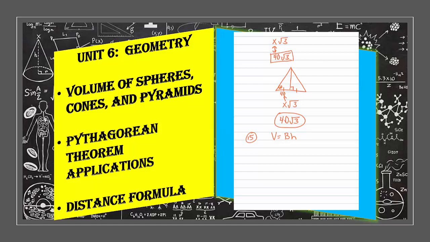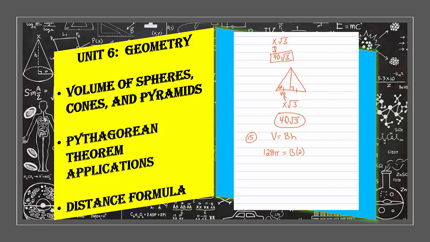Now we're going to fill in what we know. We're told that the height of the cylinder is 2 inches, and we're told that the volume is 128 pi cubic inches. So volume, instead of writing V again, I'm going to write 128 pi is equal to big B times 2, because that's the given height.